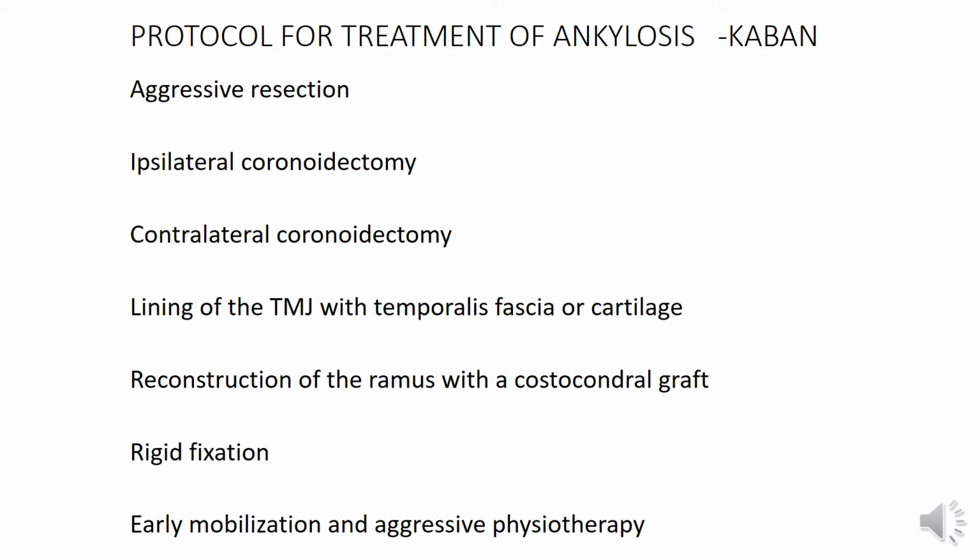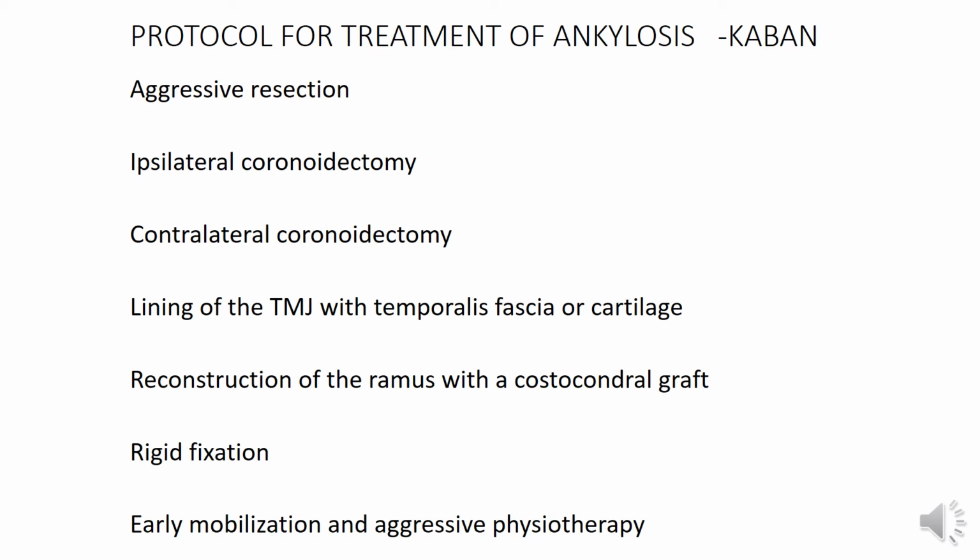The gold standard protocol that has been followed for an ankylosis are aggressive resection, ipsilateral coronoidectomy, contralateral coronoidectomy, lining of the TMJ with temporal fascia or cartilage, reconstruction of ramus with a costochondral graft, rigid fixation, early mobilization and aggressive physiotherapy.